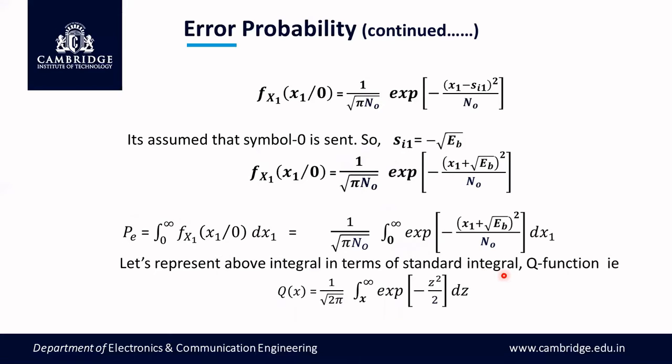One of the important standard integrals having a close relation with this integral of Pe is the Q function. The Q function is defined as 1 by root 2 pi times the integral of the exponential of a negative square value, where Z is a temporary dummy variable, and minus Z square by 2 is taken as the exponent.